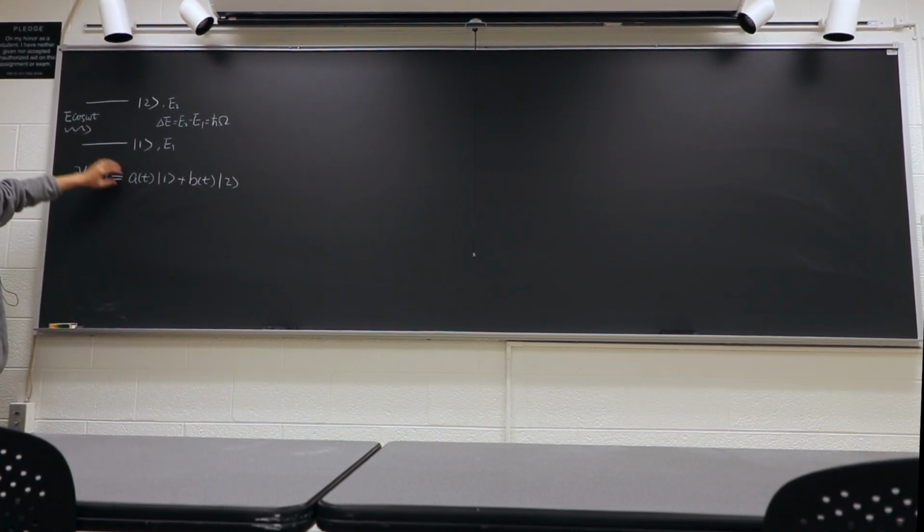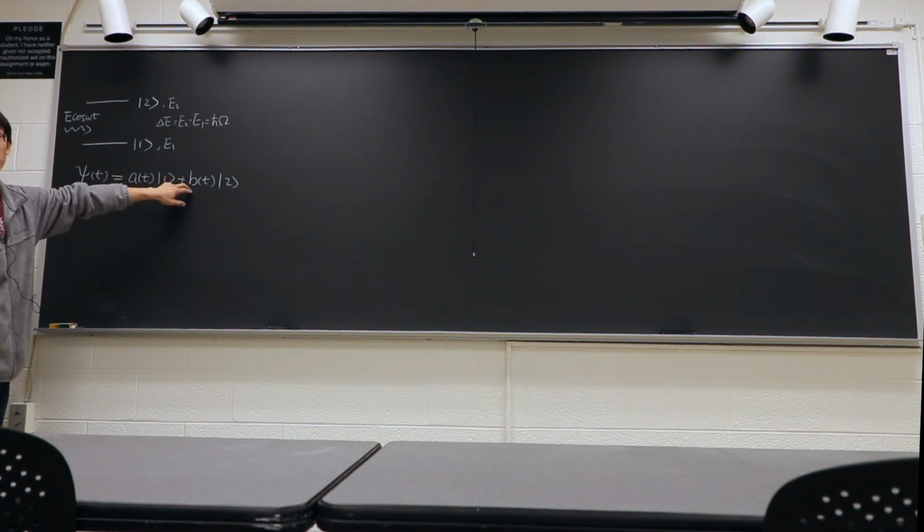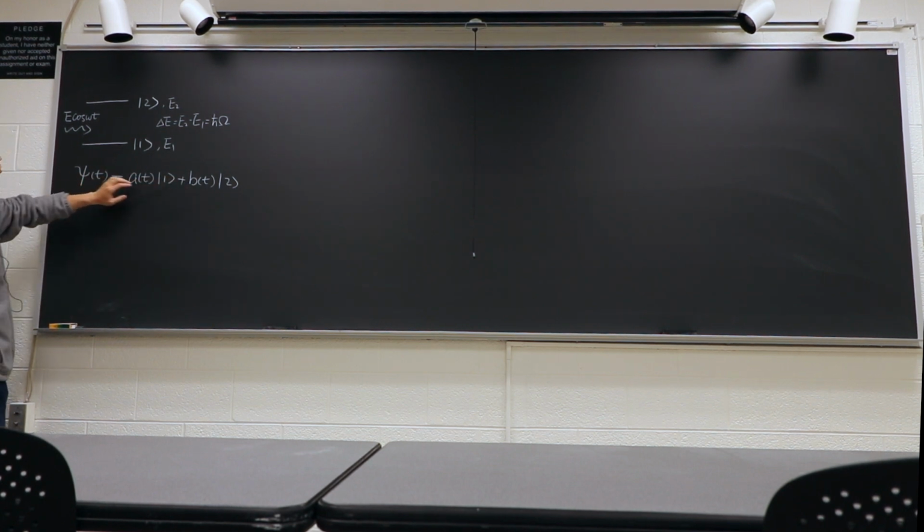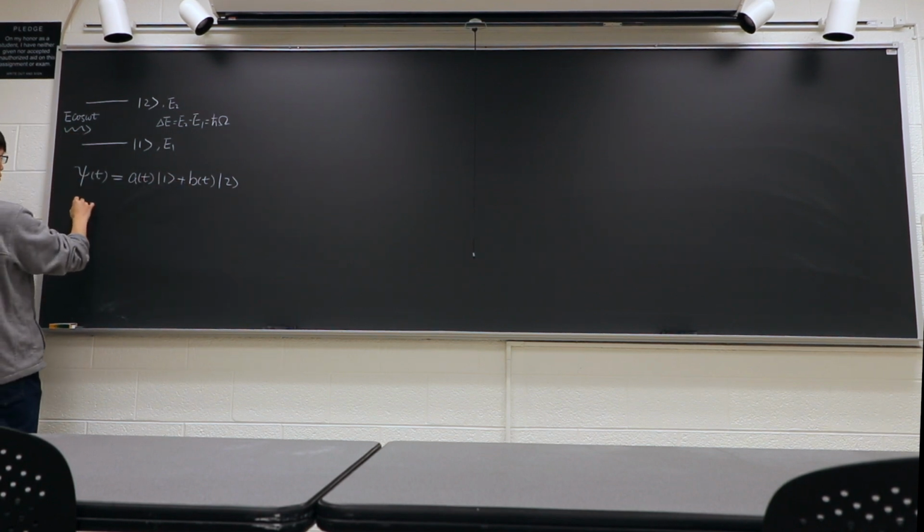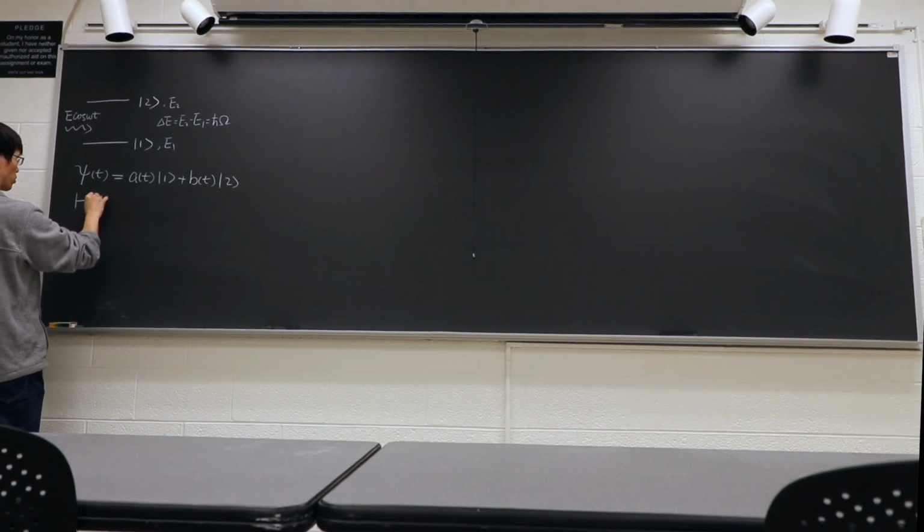Let's say initially, if there's no light, then the atom should be in the ground state. So A(t) is 1 and B(t) is 0. Okay. The idea is to solve for A and B when there is light. And the way to solve it is to use the Schrodinger equation.